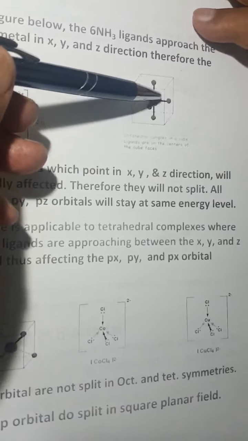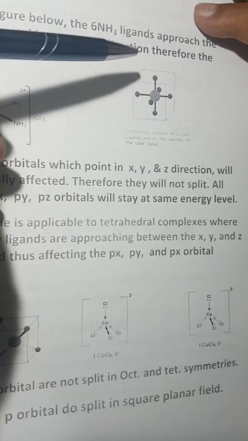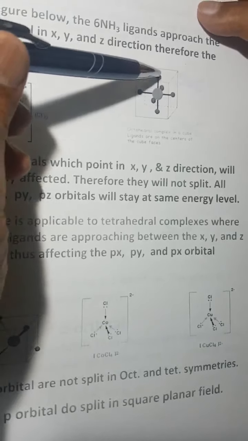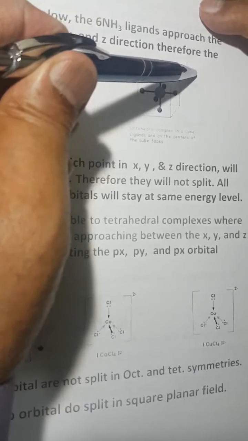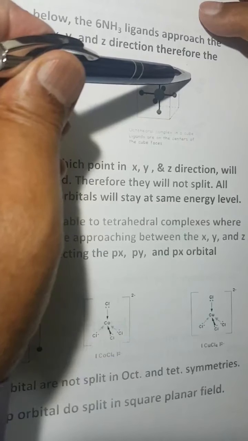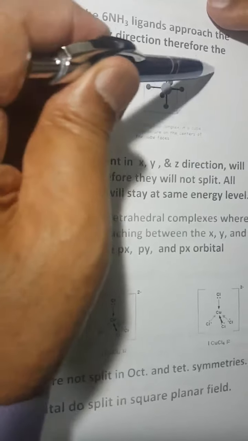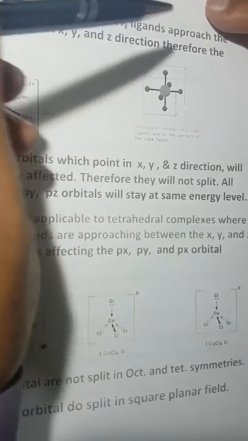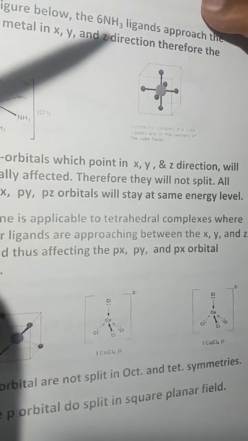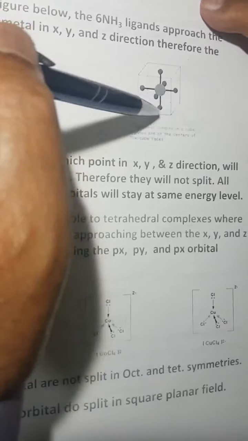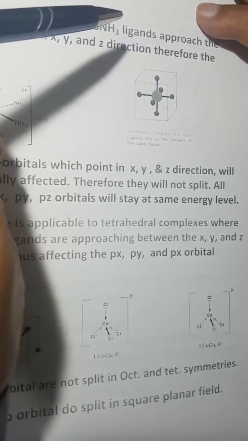This ligand is coming on x-axis and similarly y-axis. When it comes from z-axis, the pz orbital will go high in energy. When it comes from this, px will go up in energy, same units, and similarly py. So all three p orbitals are equally affected.